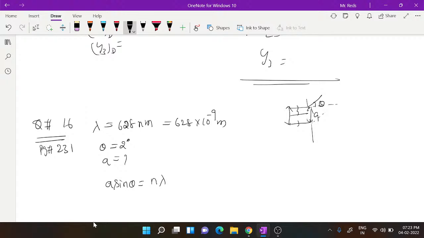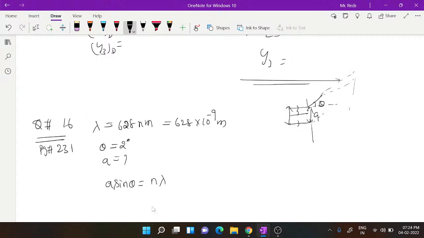The emergent beam has an angular divergence, lambda is given, and the size of the aperture is asked. It is not mentioned anything about the formation of a minima, first minima, second minima, like that. Usually it should be mentioned. If because of this divergence it is forming a minima at some angle, then you can make use of this relation and you will get this.